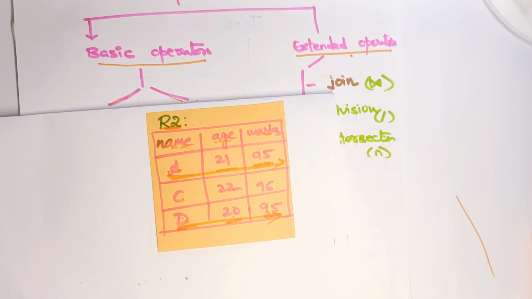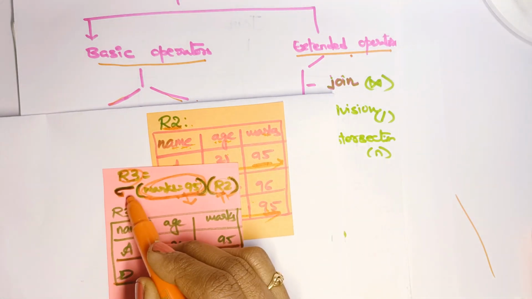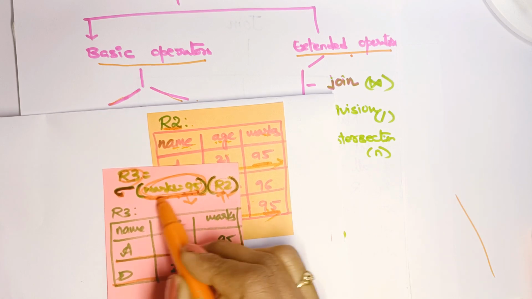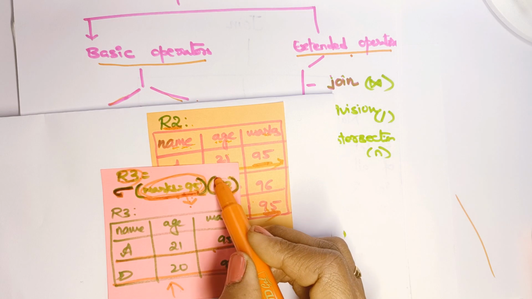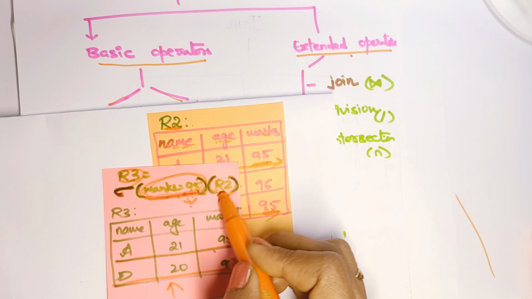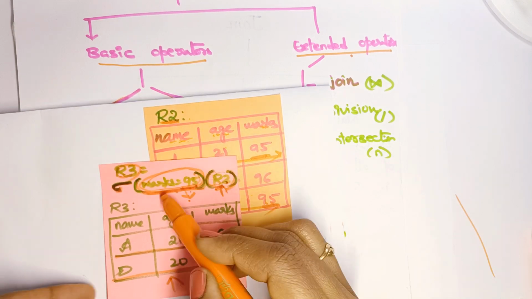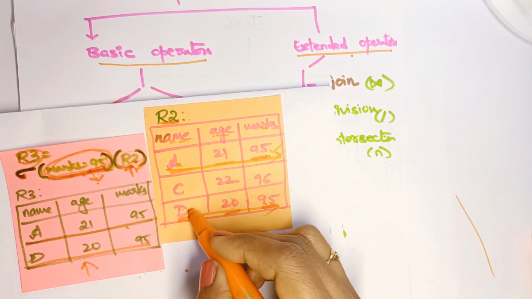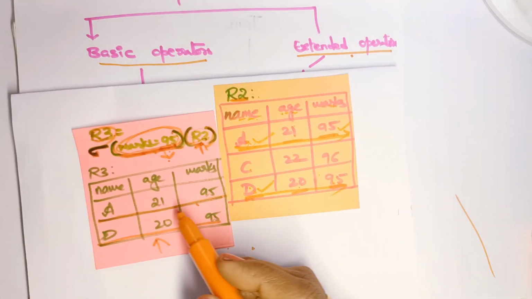On this table I want to apply select, marks is equal to 95. This is nothing but a condition. Based on this condition, you are retrieving the rows from the R2 table. Which rows have marks equal to 95? A and D got 95 marks. Those will be retrieved here.